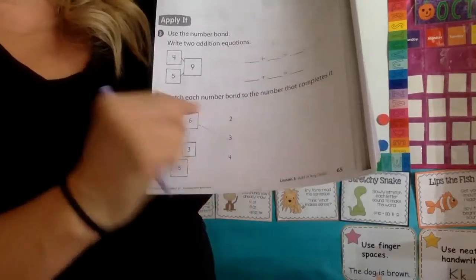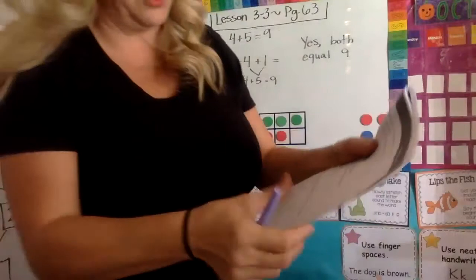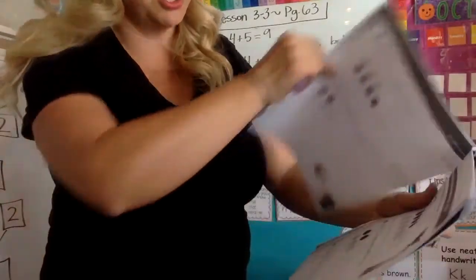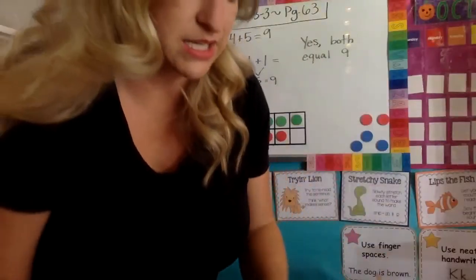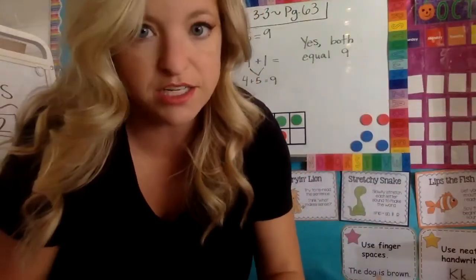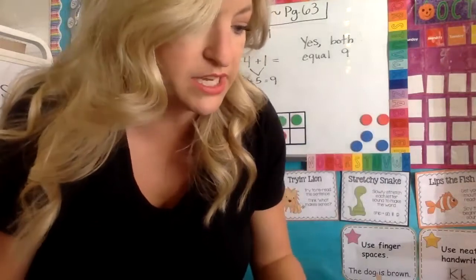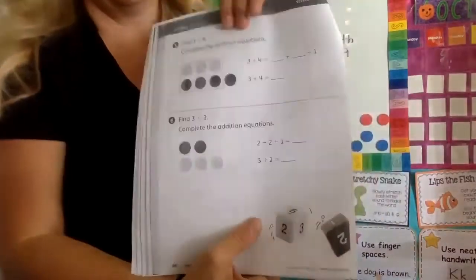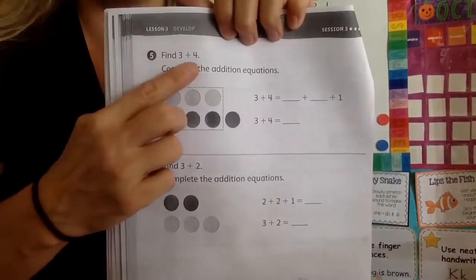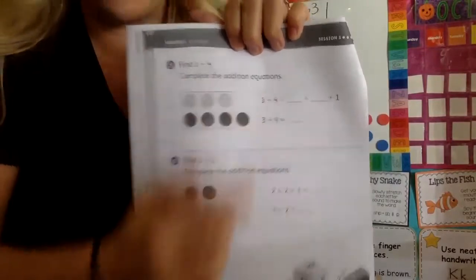So you're going to draw a line. Nice job. When you're done with that, you're going to turn the page. And we are on page 66, and at the top it says, find 3 plus 4, complete the addition equations.